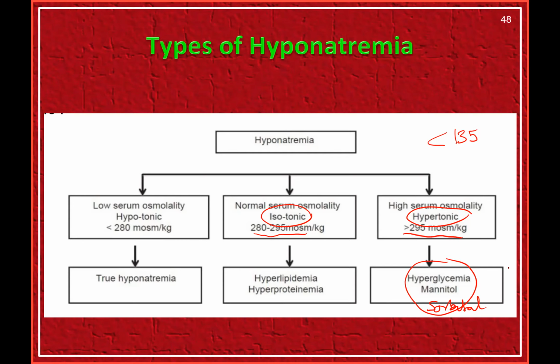But if it is isotonic, with hyponatremia and osmolality between 280 to 295, then hypertriglyceridemia, hyperproteinemia and paraproteinemia, multiple myeloma, and hyperlipidemia are the causes, and obviously giving sodium or doing something with the sodium is not going to help.